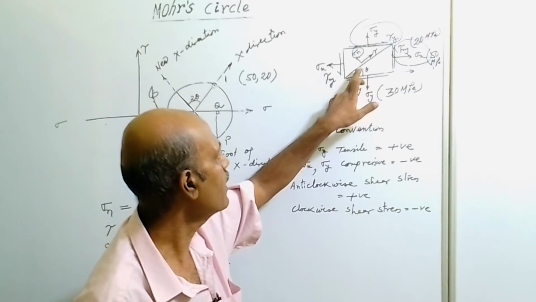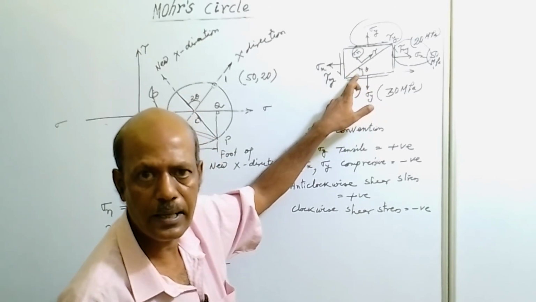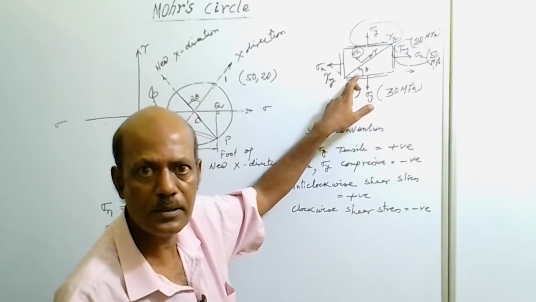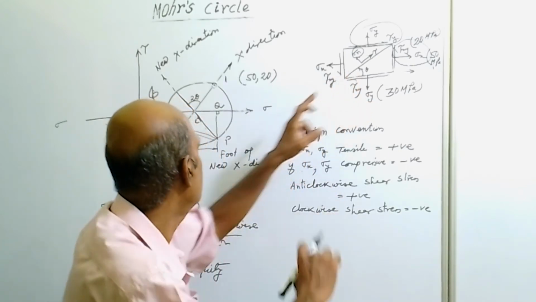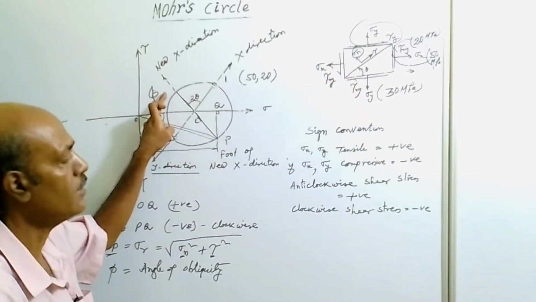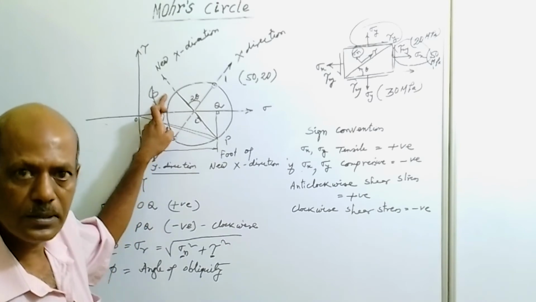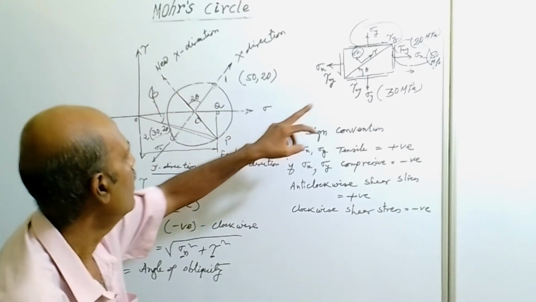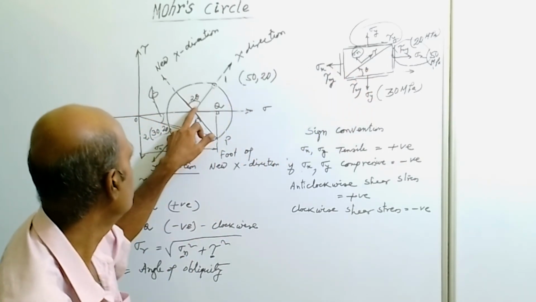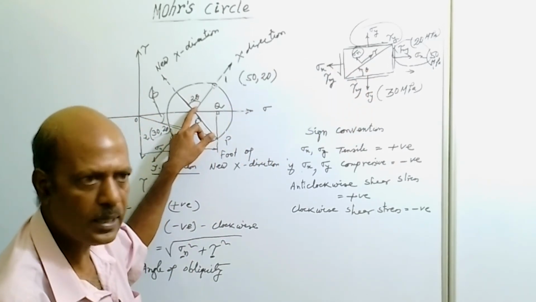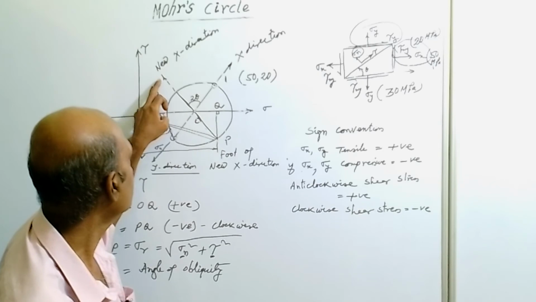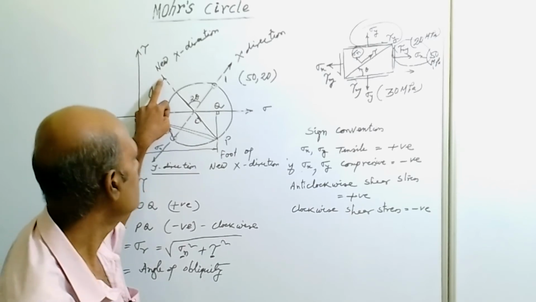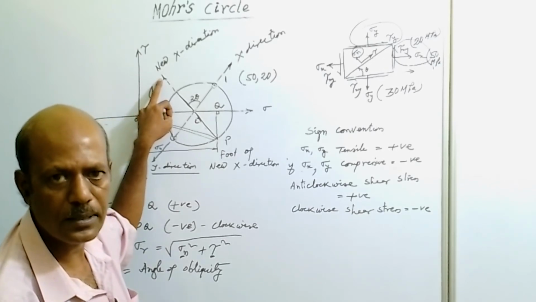Here the inclined plane is located at an angle theta from the x axis in anti-clockwise sense. So we will rotate the x direction in anti-clockwise sense by 2 theta angle. If we rotate twice this angle, the x direction is shifted here. So we are giving the name new x direction.